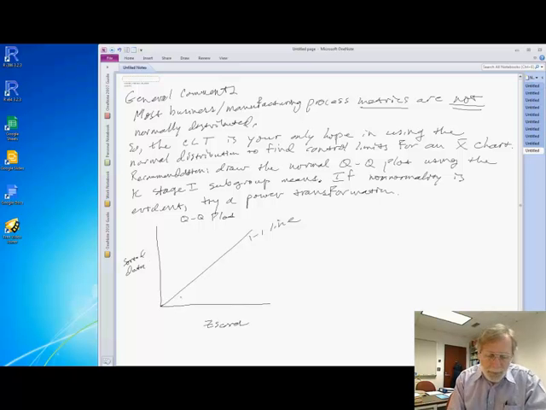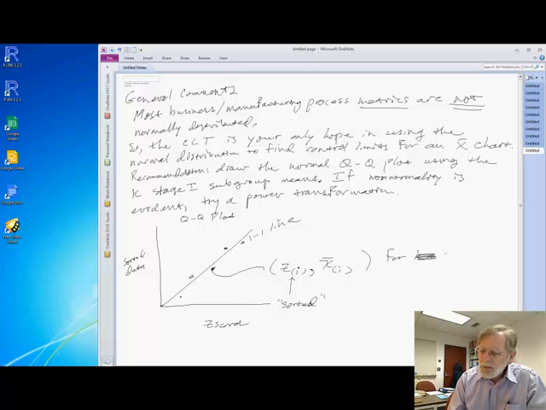So you're going to plot, as per the homework problem in Ryan, a bunch of points, and this point here, for example, is z sub (i) comma x bar sub (i), where the parentheses means sorted, and this is for i equaling 1 to k, the number of stage 1 subgroup means.